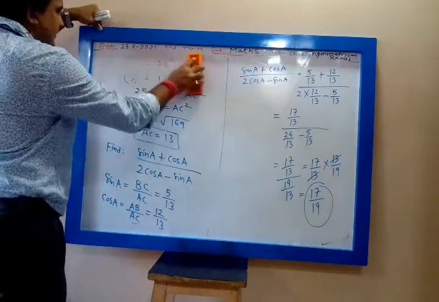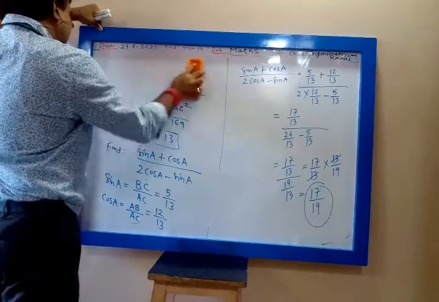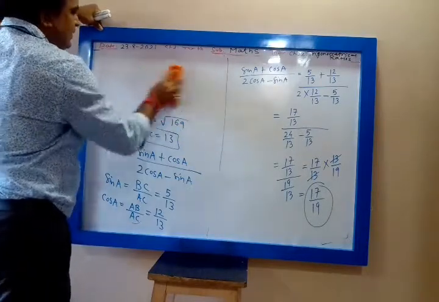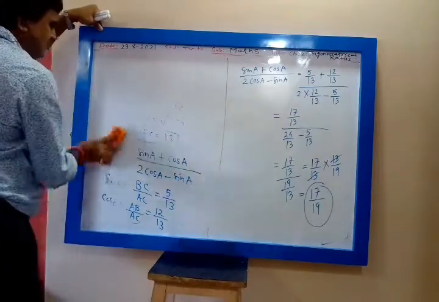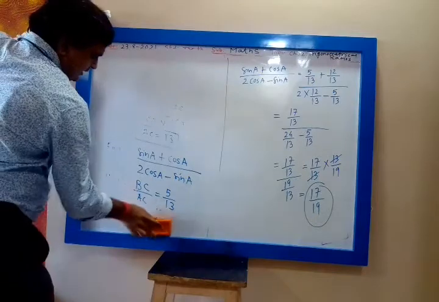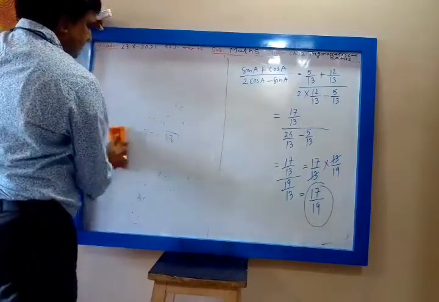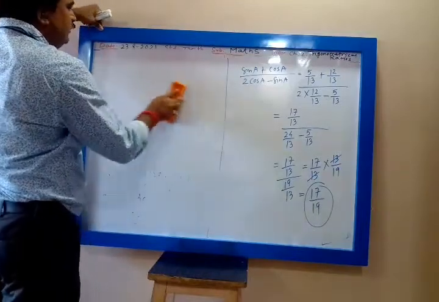Now another way, you can write both the answers, whichever way. You are given sin A, cos A. From sin A, cos A we have found tan A. If you have found tan A, you can directly find this value. What will you do?